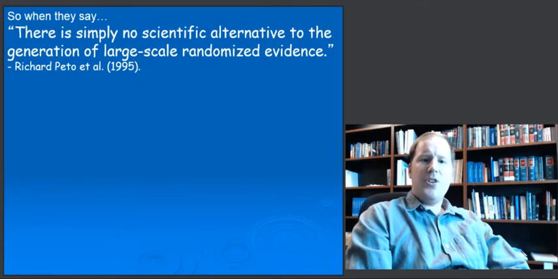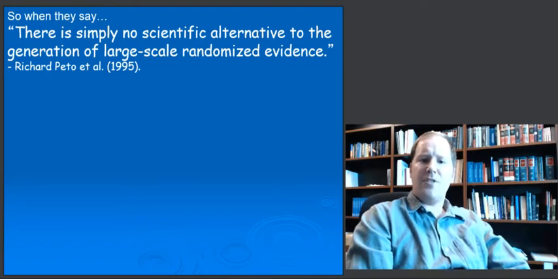Okay, so let me just back up a second, because in a previous lecture I gave you this quote from Richard Peto, the man who was investigating aspirin and heart attack incidents. In his paper, he says, quote, "There is simply no scientific alternative to the generation of large-scale randomized evidence."